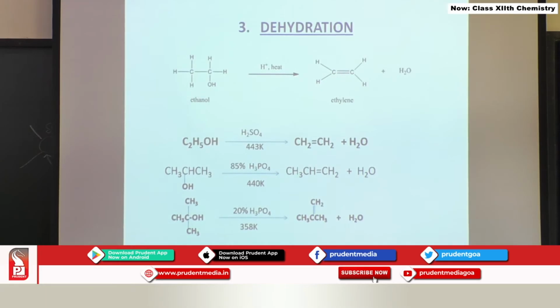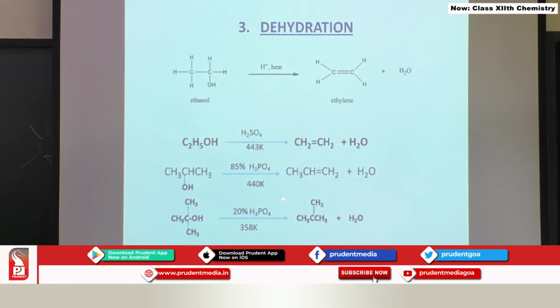Now we will see the ease of dehydration of alcohols. If you take primary alcohol, see the reaction conditions you require to dehydrate it. H2SO4 and 443 Kelvin temperature, you get an alkene. If you start with secondary alcohol like this, propan-2-ol, the reaction conditions are milder. You see here 85% phosphoric acid at 440 Kelvin, you are going to get propene.